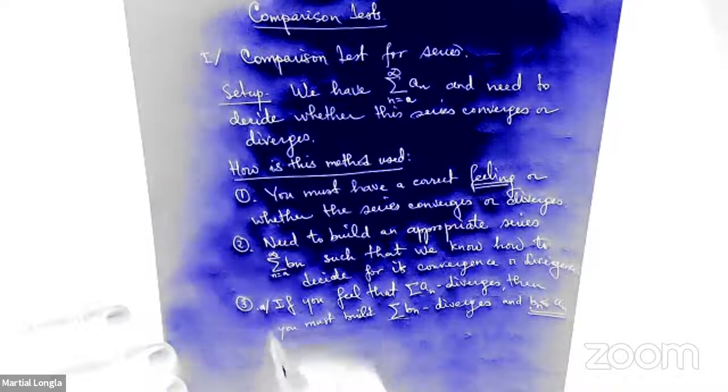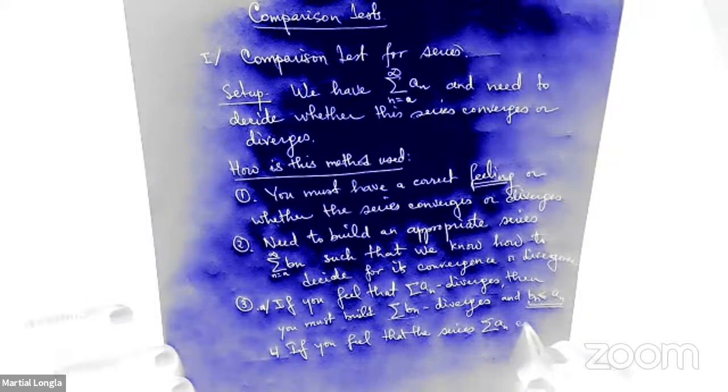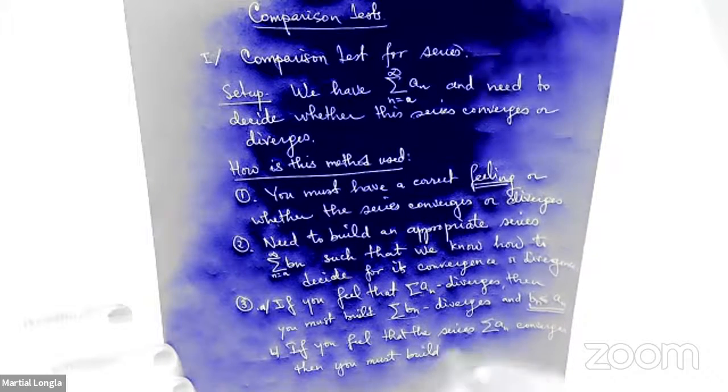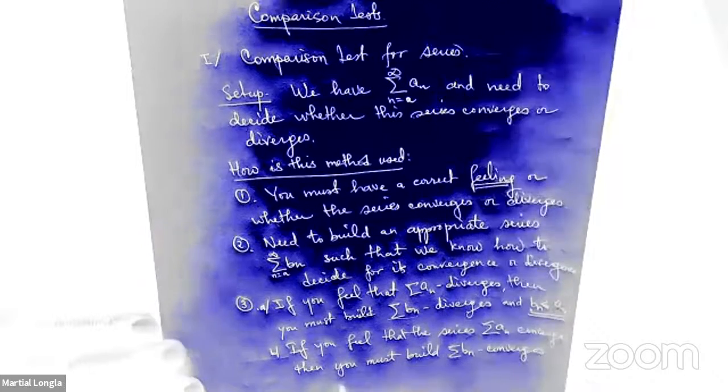That's part A. And part B: if you feel that the series sum of a_n converges, then you must build a sum of b_n that converges, and in this case a_n is less than b_n.